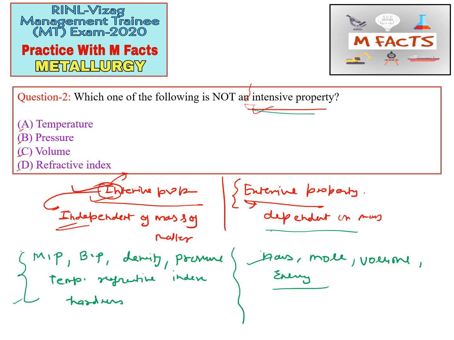Temperature is an intensive property, pressure is an intensive property, refractive index is an intensive property. I have already written them in this list. So volume is the correct answer for this question. Volume is not an intensive property, it is an extensive property, and it depends on the mass of the material, on the matter. So option C is correct.